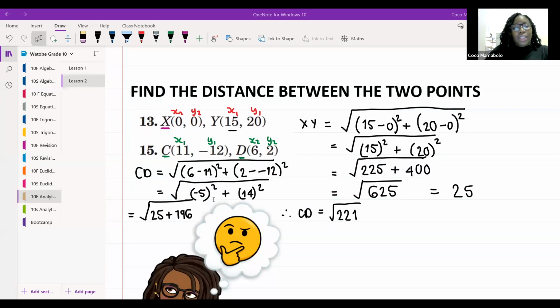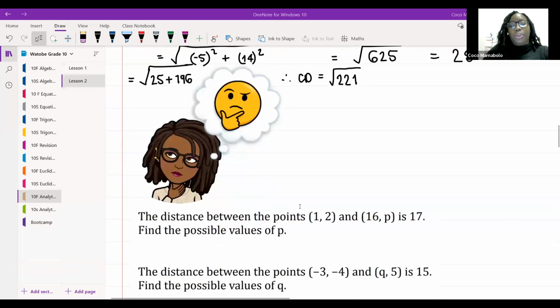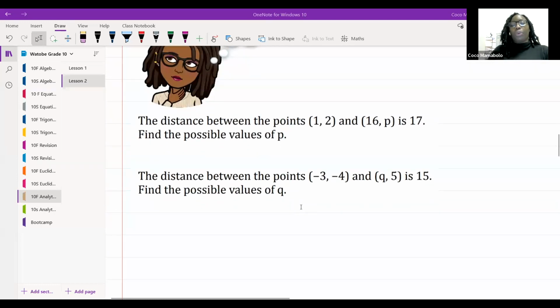All right. Excellent stuff. So we're going to look at this question very quickly, because it has something to do with what we're working on, but it also incorporates algebra. The question says that the distance between the points 1 and 2 and 16 and P is 17. So we're going to do the exact same thing we did before, guys.